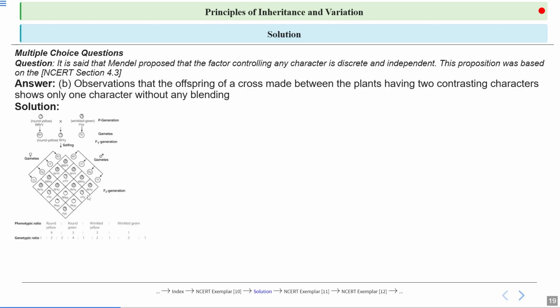Here the genes are independently assorting. Clear? That's why you're getting new combinations in the F2 generation. They are following the law of dominance also. In the F1 generation, you get only the dominant phenotype, and no intermediate phenotype is observed here.